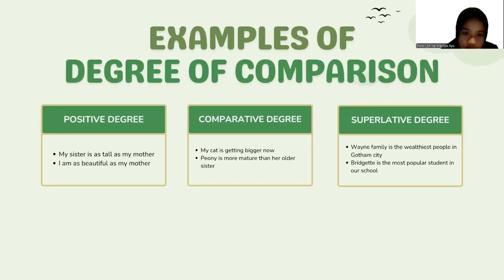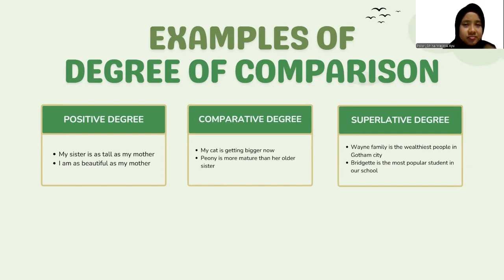Now here comes the example of the three degrees of comparison. Positive degree. My sister is as tall as my mother. The second example is I am as beautiful as my mother. Now the comparative one. My cat is getting bigger now.